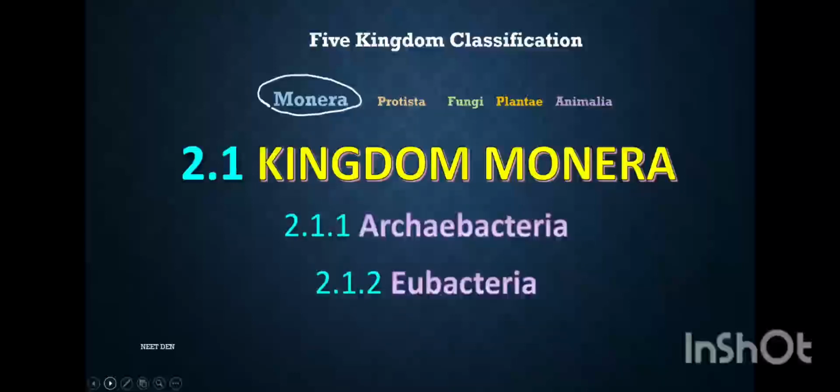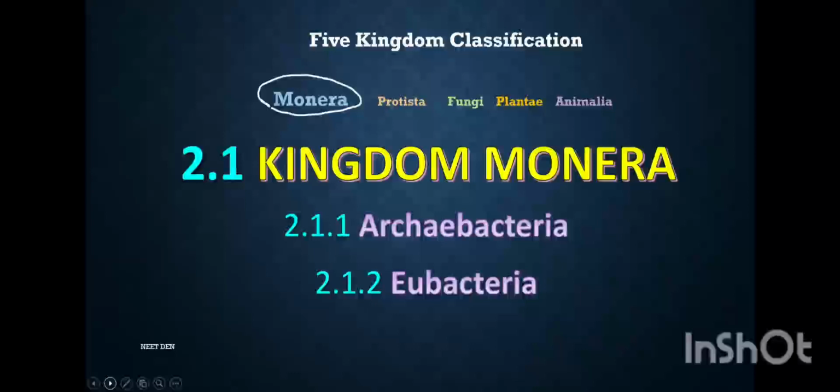And we had also learned in the previous class that Kingdom Monera was further subdivided into two domains, and hence a seven kingdom classification system also was developed. So what are these two domains in which the Kingdom Monera was categorized? That was Archaebacteria and Eubacteria.